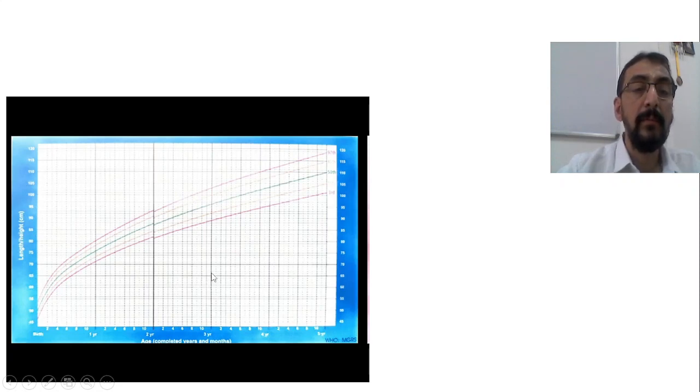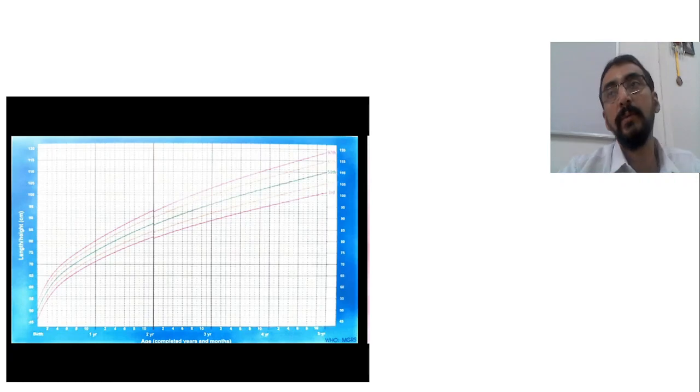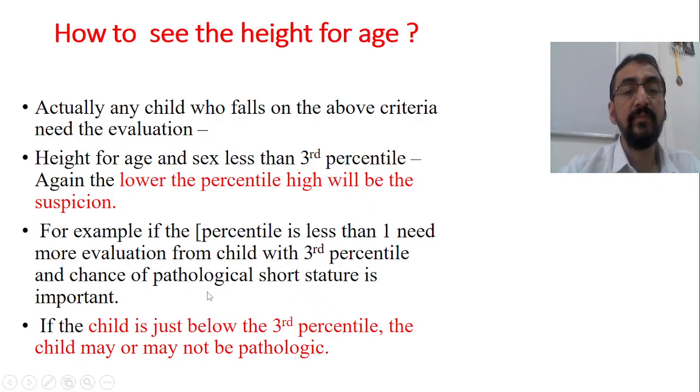Because it is not only less than the third percentile, it is coming in minus, less than -1 also. Therefore definitely it is a clear-cut case of short stature, that also very severe short stature, probably dwarfism. That discussion we will do in the next classes.